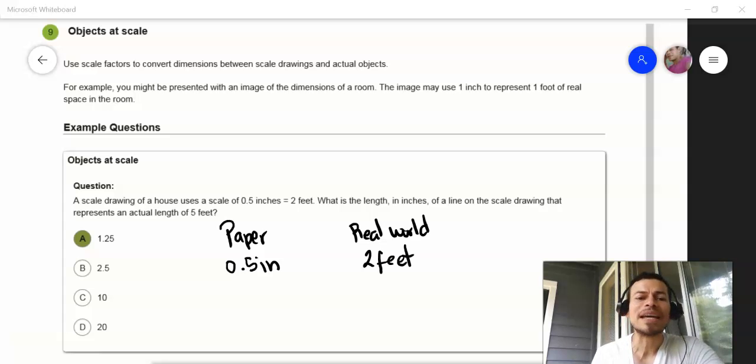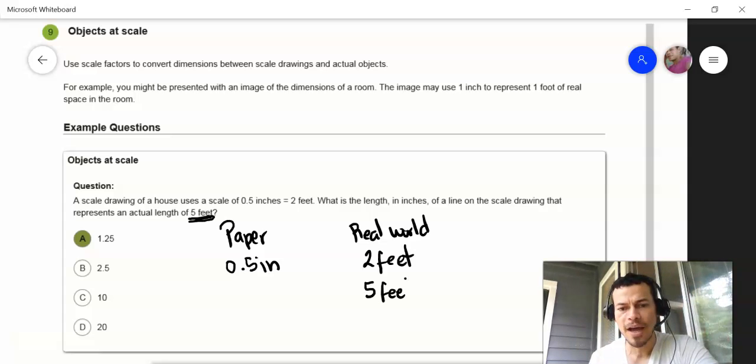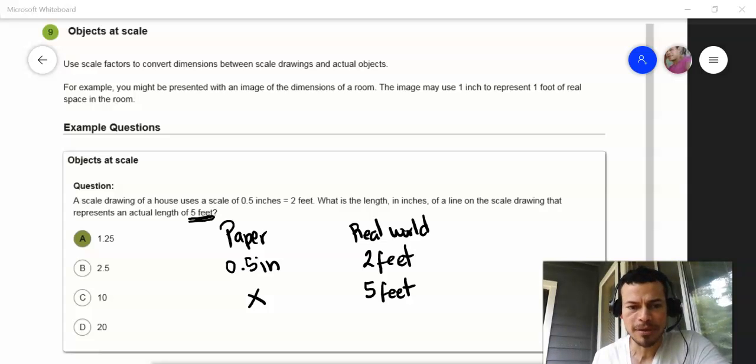And then we want to find out how long 5 feet in the real world will be on paper. We don't know. Okay. So let's see. So we have paper with paper organized and real world with real world.